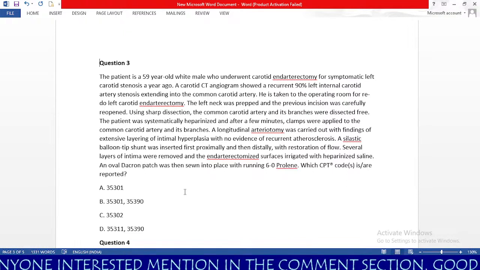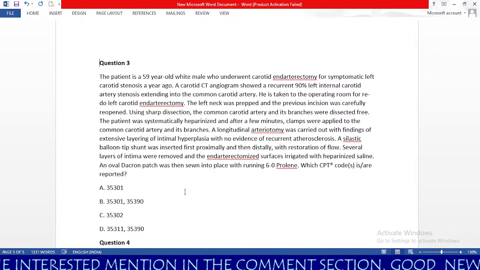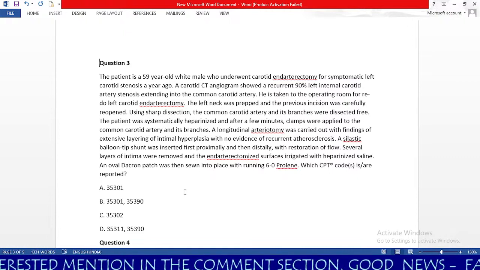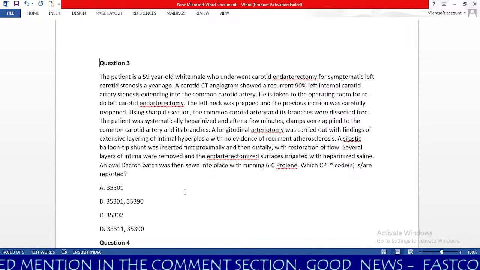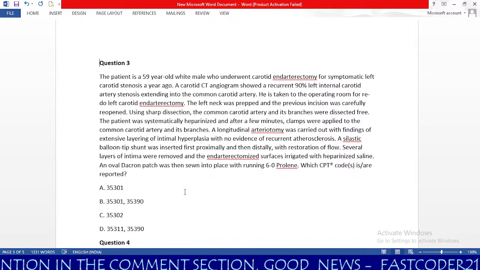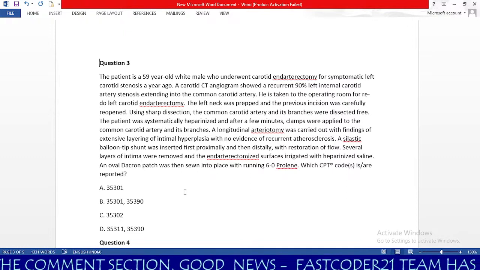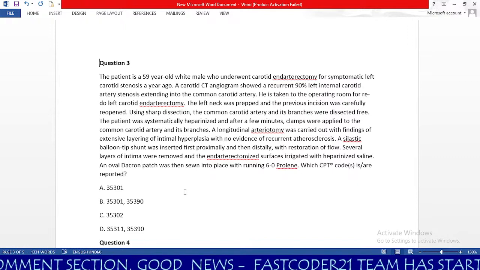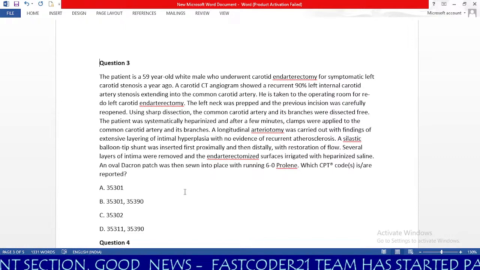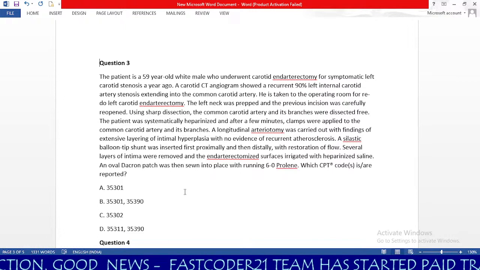A Pruitt balloon-tip shunt was inserted first proximally and then distally with restoration of flow. Several layers of intima were removed and the endarterectomized surface irrigated with heparinized saline. An oval Dacron patch was then sewn into place with running 6-0 Prolene. Which CPT codes are reported?